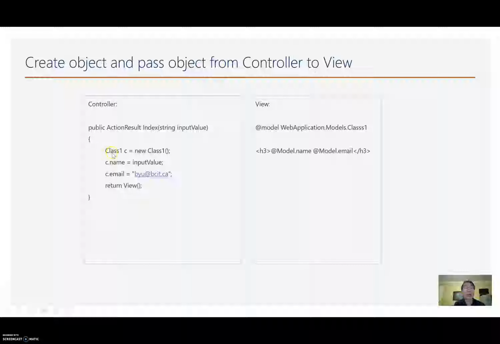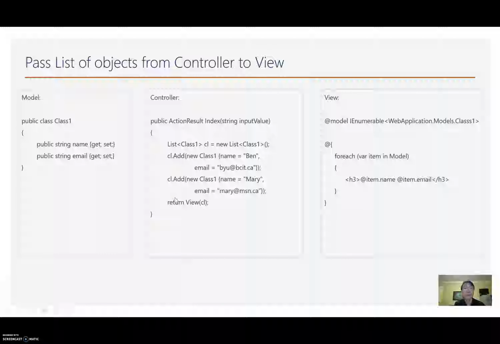We already have a class 1 from the previous video that we have been using, just one object and then returning it to the view. So I'm going to pass this class 1 in a list. All right, so I'm going to create a list of these objects.